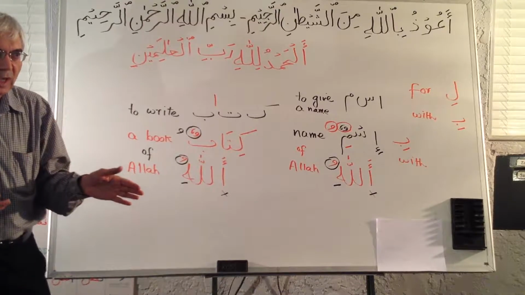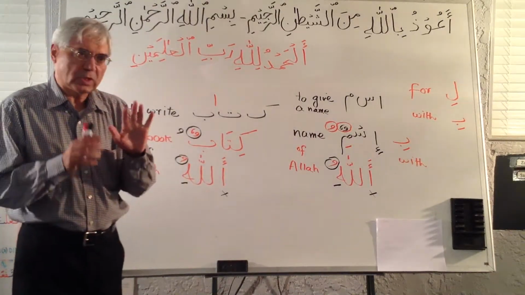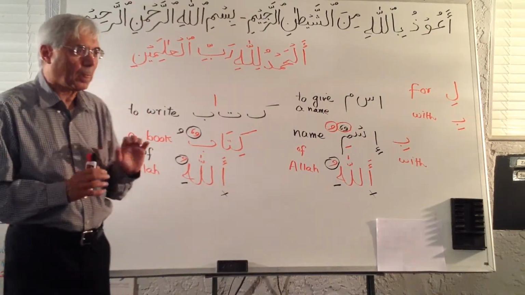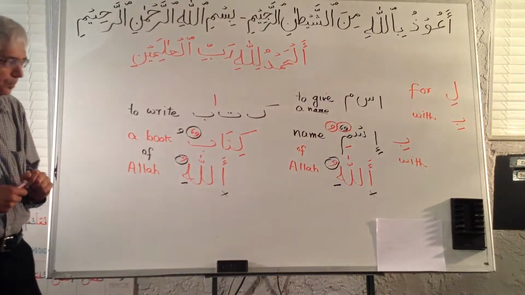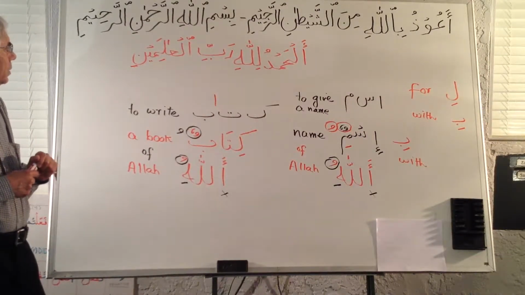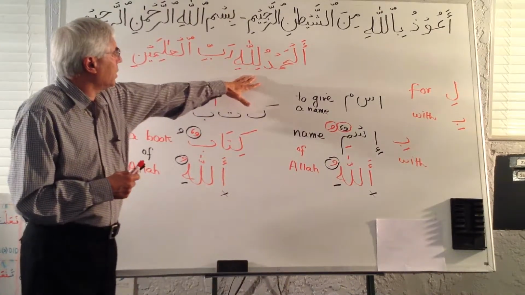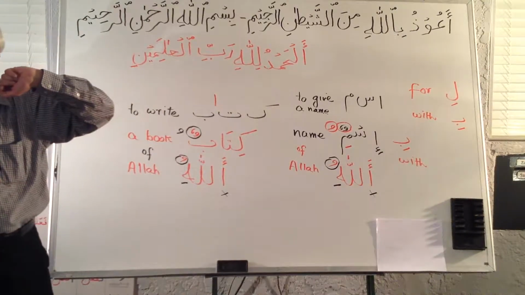If you are going to stop, then you don't pronounce the last harakat. You just say Bismillah. But if there is a word after that, Bismillahi. So now we know Alhamdulillahi, and we now know Bismillahi.